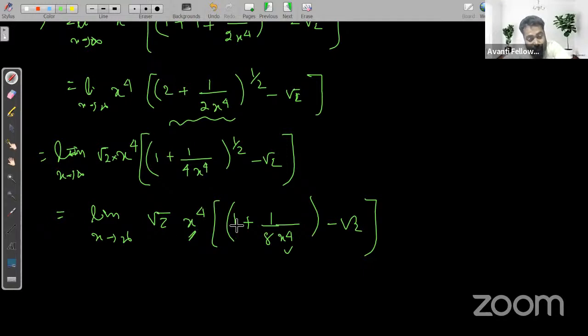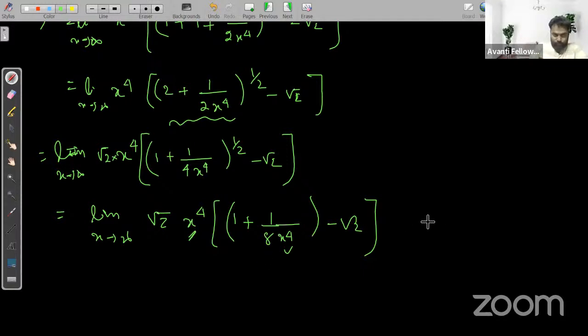So this x to the power 4 and x to the power 4 will cancel out. If you had taken the binomial expansion up to 3 terms, then you would have another term with x to the power 8 in the denominator, and when x extends to infinity, it will be 0 also, right?